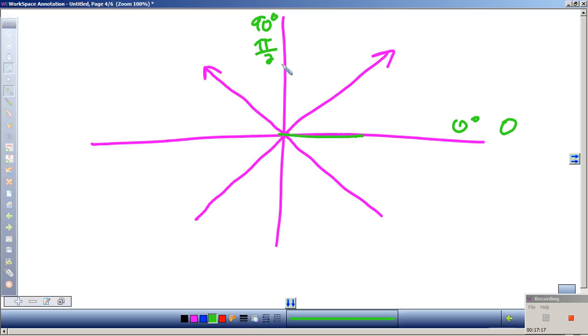So half a radian would be how much of a circle? About a 12th of a circle. Remember that we said there's about 6.28 radians around the circle. So straight across here would be about 3.14 radians. So this would be half of that, so about 1.56, something like that.